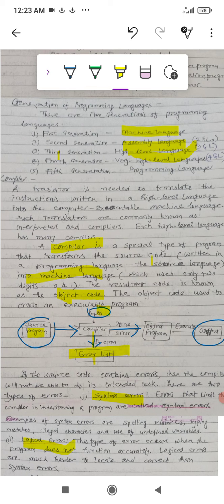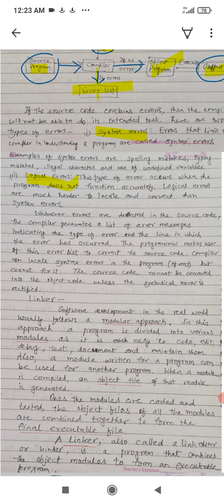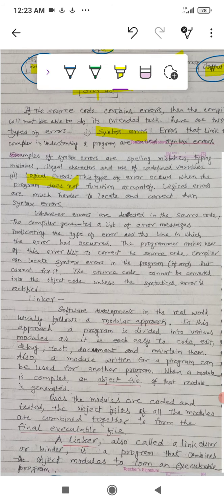If there is no error, then compiler gives object program, and after executing it gives outputs. Whenever errors are detected in the source code, the compiler generates a list of error messages indicating the type of error and the line in which the error has occurred.